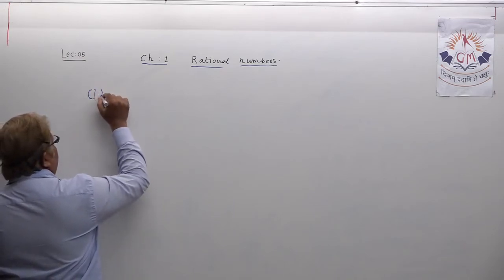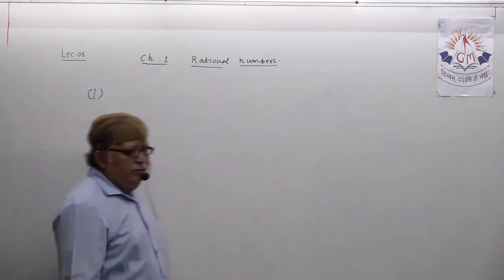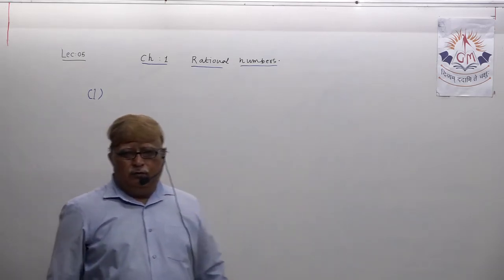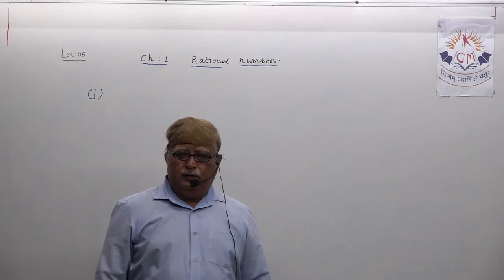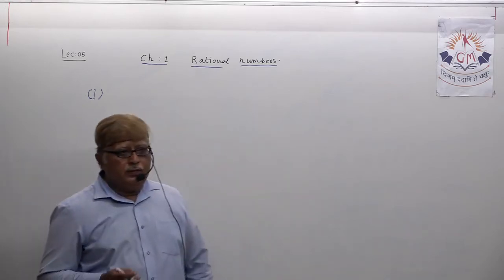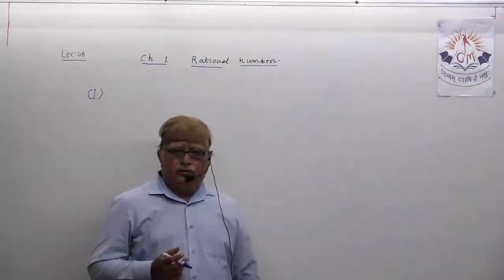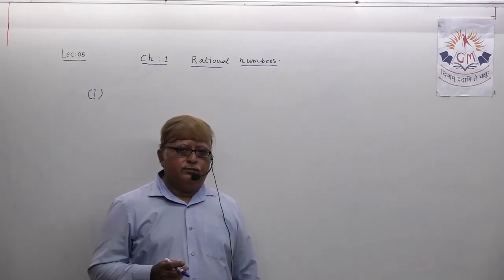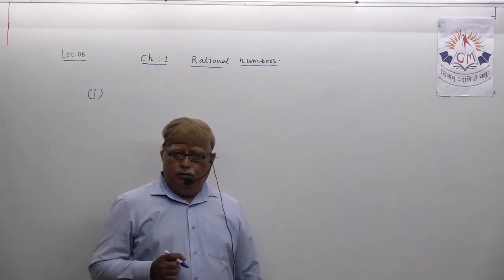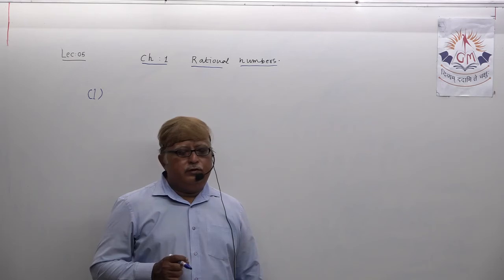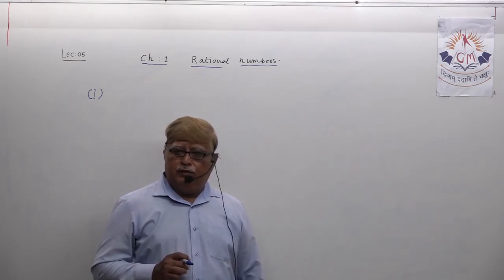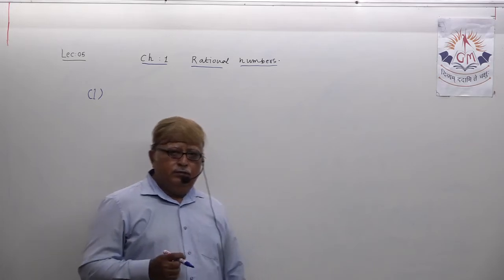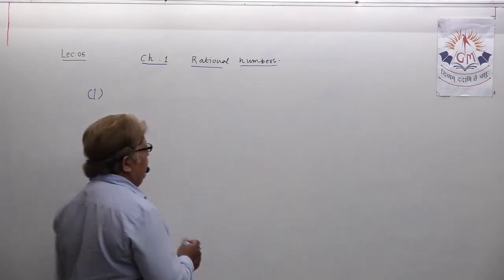Actually, all these examples are based on the operations of addition, subtraction, multiplication, division, but they involve the utilization of absolute value of rational numbers. That's why we have to concentrate on it.